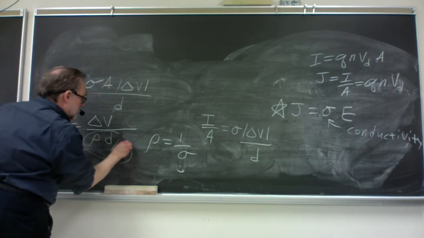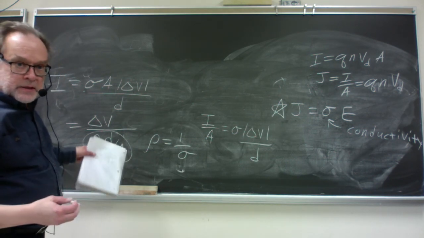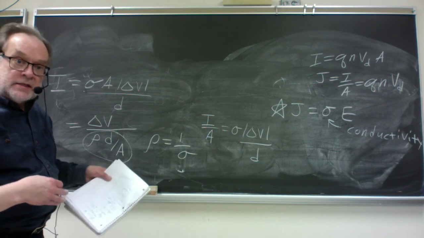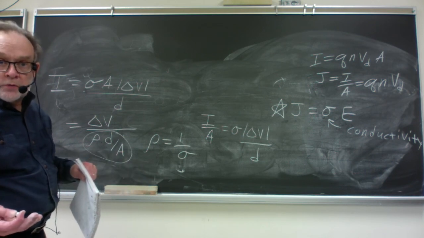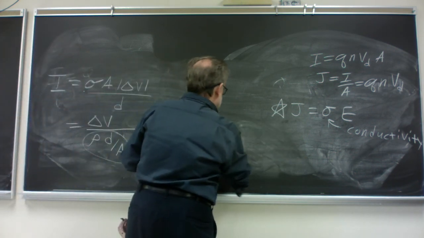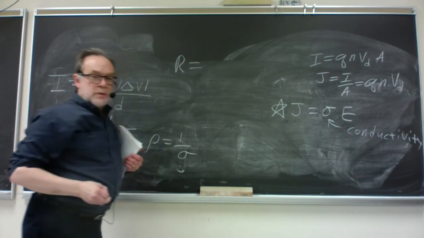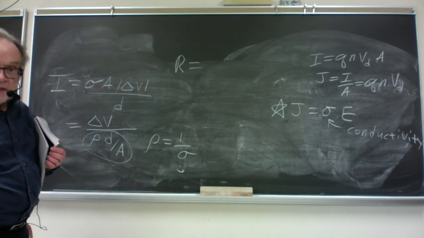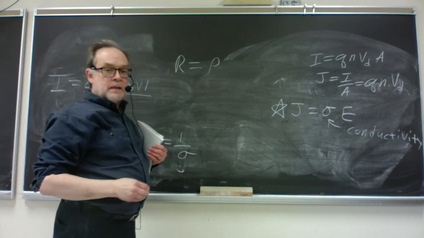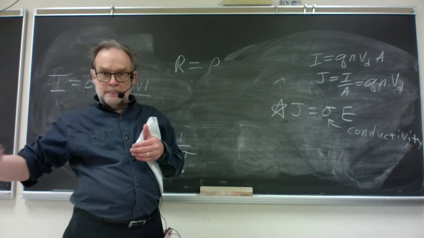We usually combine all these factors into just one thing because these factors all have some effect on how easy or how difficult it is to make current flow. And we lump them into a number that we call resistance, which is just resistivity times the distance between the two ends of the wire.